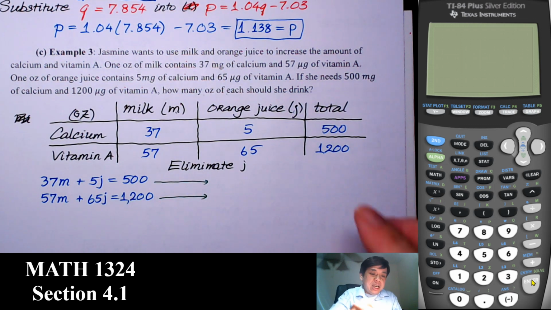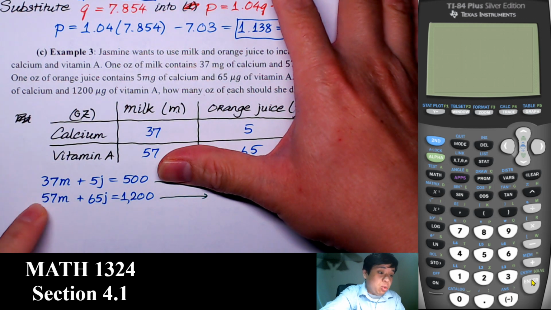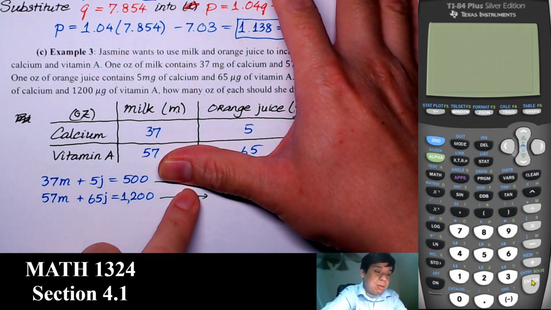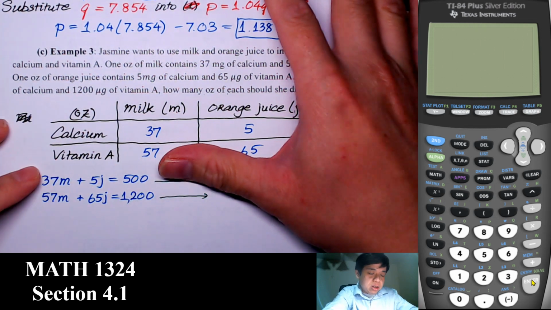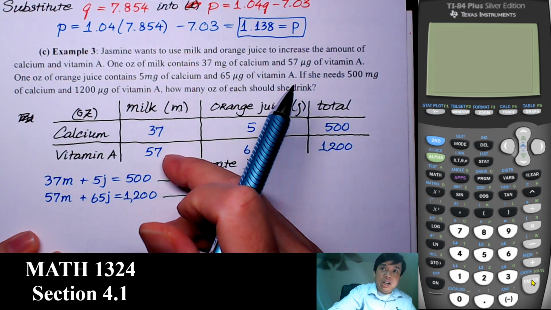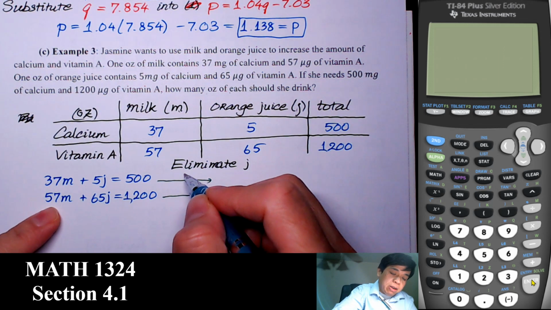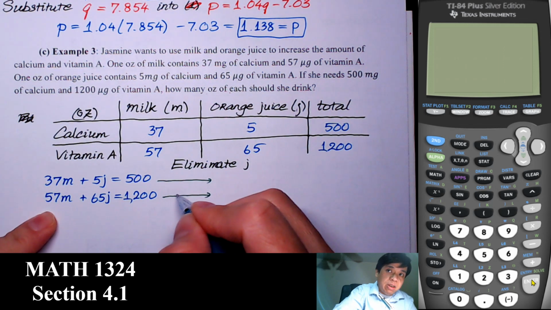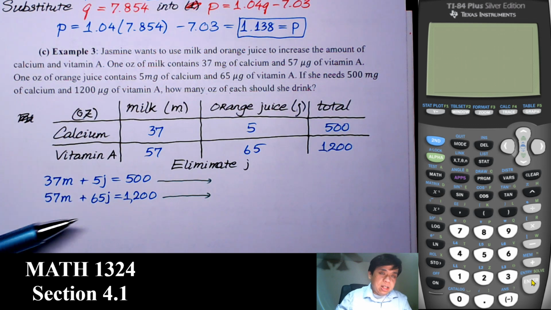Hypothetically, if you want to eliminate m, the easiest way is to multiply by 57 and 37, flipping the numbers and changing the sign of one of them. If you multiply by 57 on the top and negative 37 at the bottom, those numbers will be the same and we just add both sides. But here we have 65 and 5.